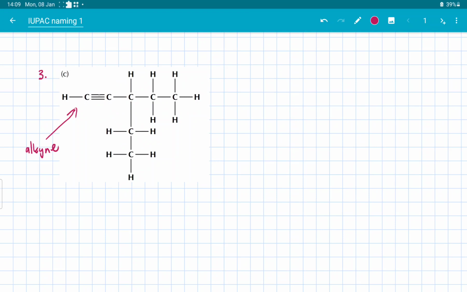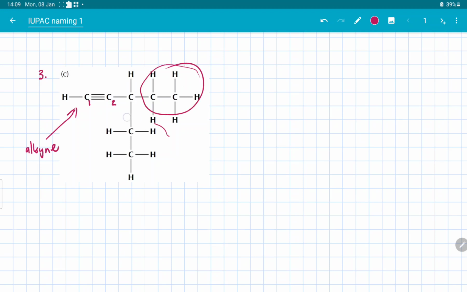Which means I have put up 2 possible chains here: either the straight one, or the one that bends and forms an inverted L shape. Now I must start closest to the functional group because the functional group must occupy the lowest number possible. So 1, 2, and then I have 2 possible sides here.